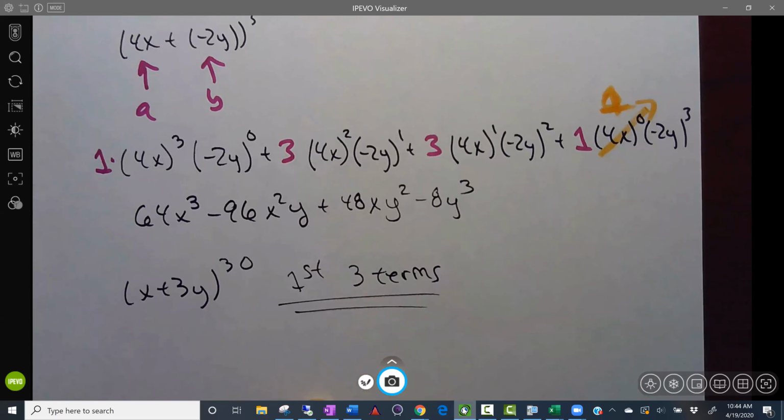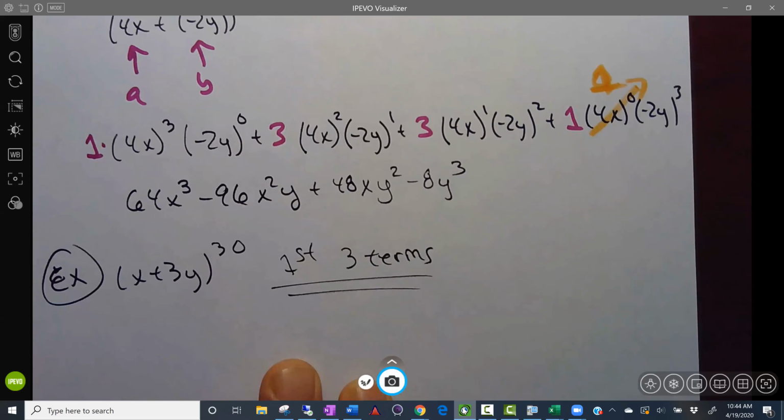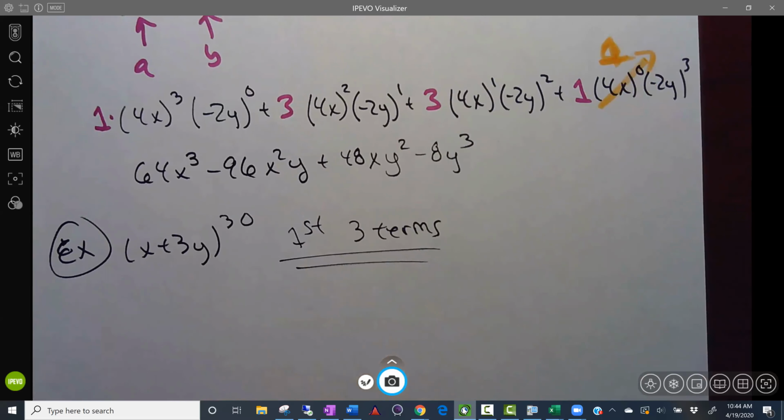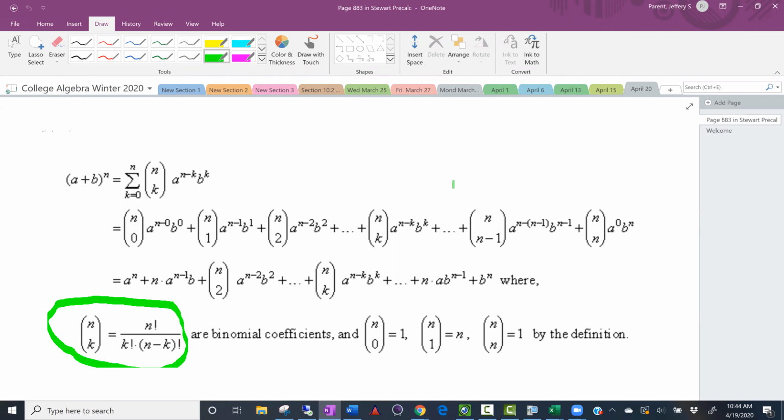And so let's just do the first 3 terms. And to that, let's look back at Pascal's triangle and indeed his formula. So there we go. Let's look down at this line right here.